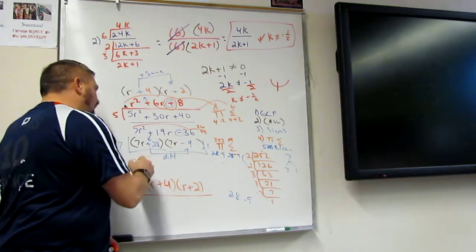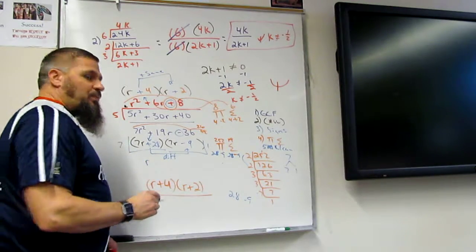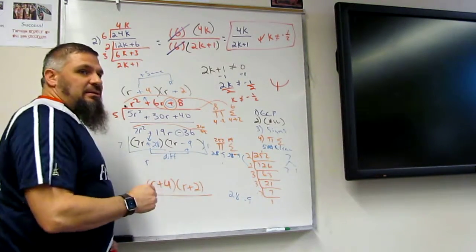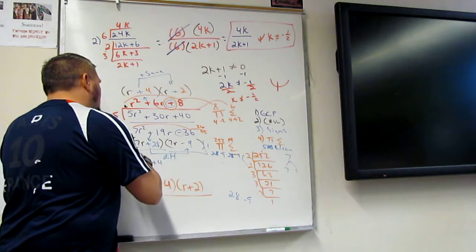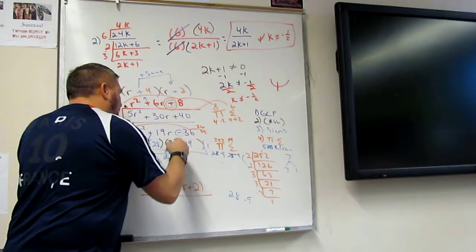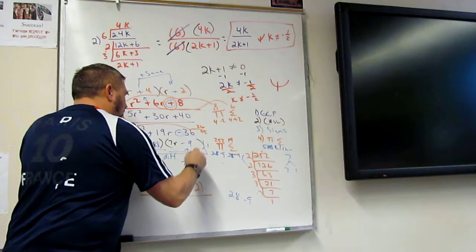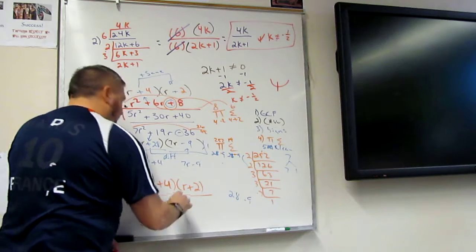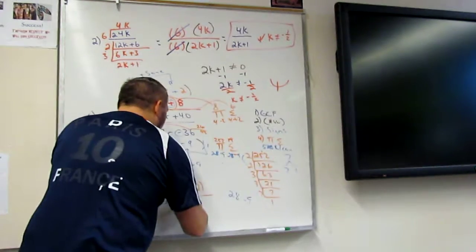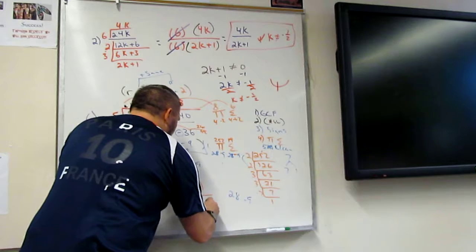So 7 goes into 7. 7 goes into 28. Okay? And is that right? 7, and then 1 goes into 7, 7, and 1 goes into 9, 9. So I have R plus 4, right? And 7R minus 9.